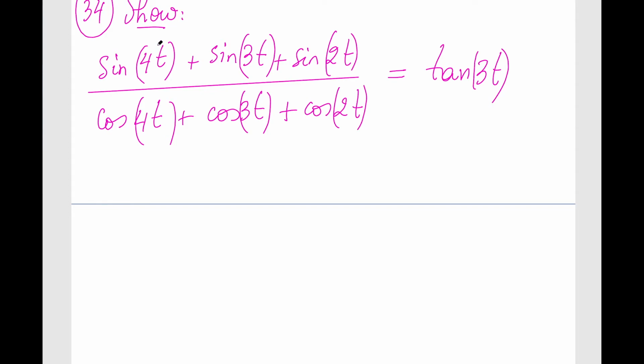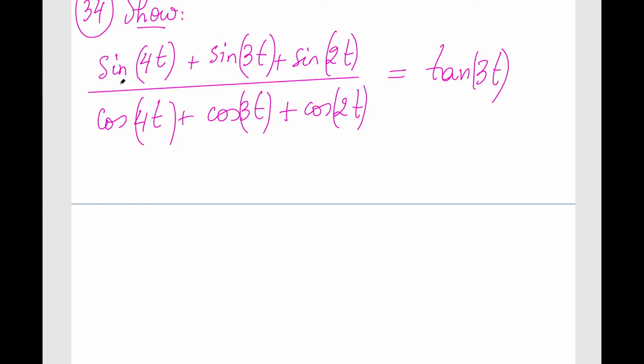The way I'm going to look at it is, how about I combine the sine 4t and the sine 2t together? Okay, I'm just trying. So any correct step is going to let you move closer to that answer.